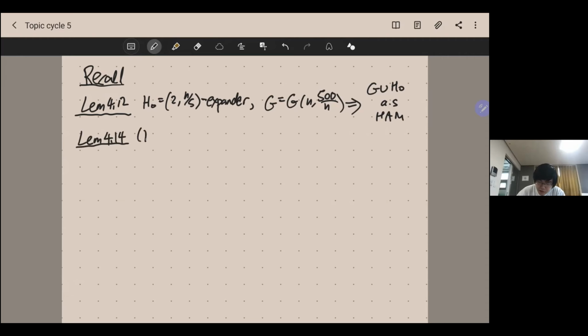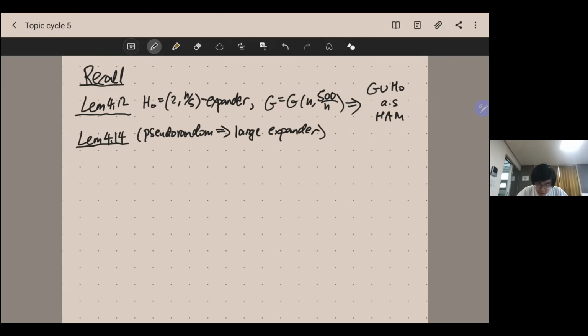So this is pseudo-random implies large expander, which can be combined with lemma 4.12 to find long cycles. Okay, let me quickly write down what it is.